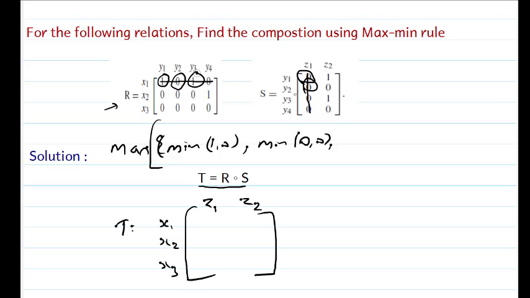Then the third element of R and the third element from this column, so we write min of 1 and 0. And finally both are 0, so min of 0 and 0.